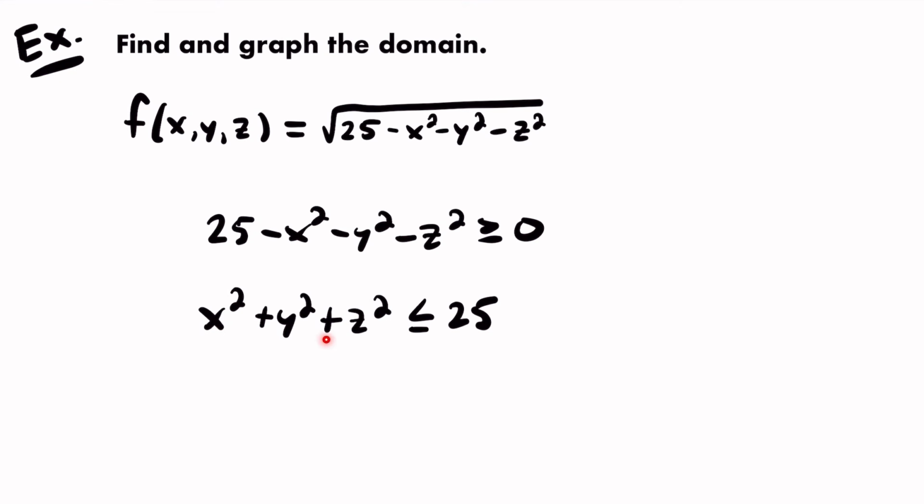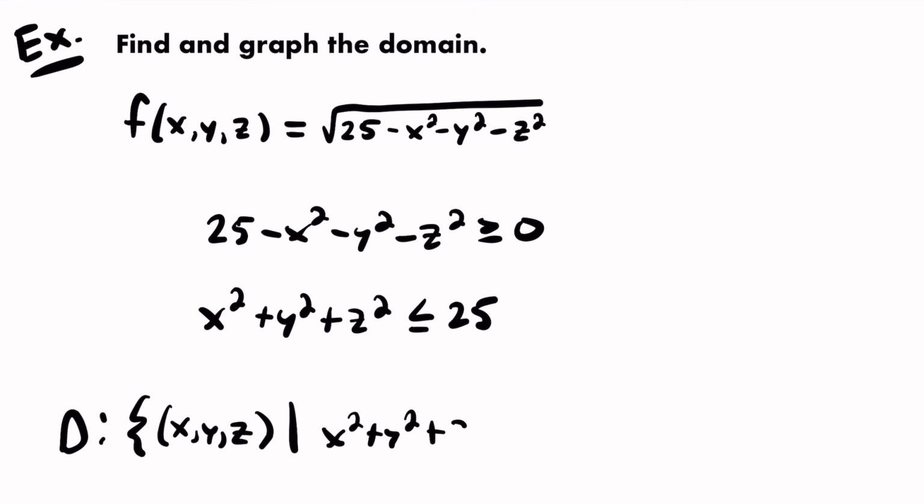X squared plus y squared plus z squared equals a radius squared. In this case, 5 squared is 25, so the radius would be 5. That's what we're looking at here. The domain of this multivariable function, which by the way, would include all 3 of those independent variables. So you're looking at the set of x, y, z, such that x squared plus y squared plus z squared is less than or equal to 25.